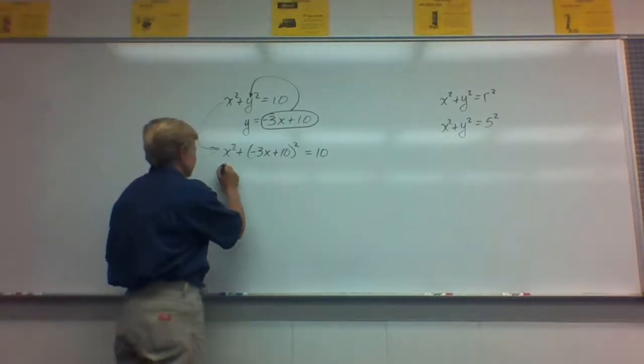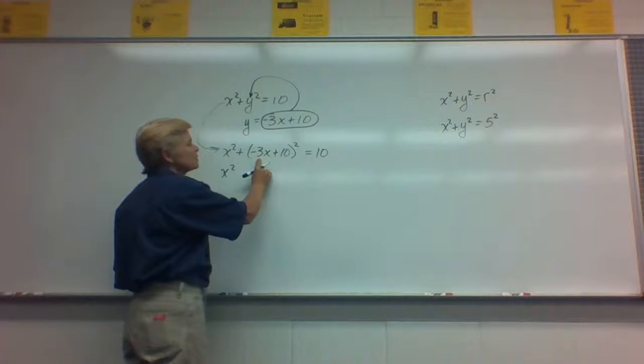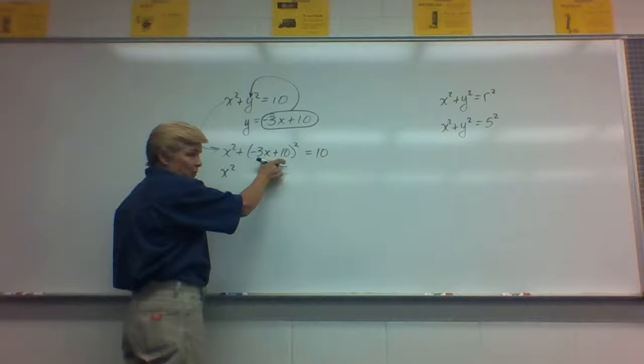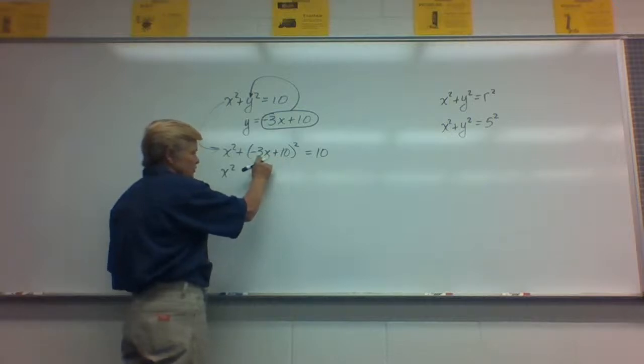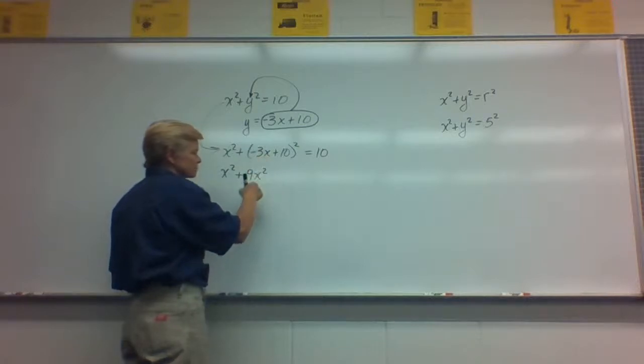First thing I'm going to do is to liberate this and this by foiling out this thing. Remember, it's negative 3x plus 10 times negative 3x plus 10. Remember how to foil a squared binomial? I'm going to tell you. You square this on the front, so that'll be plus 9x squared. You're squaring negative 3 and x.